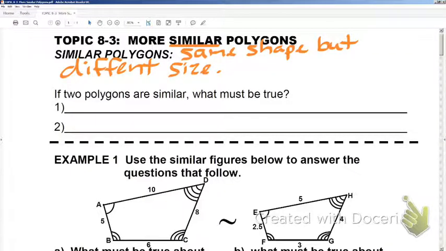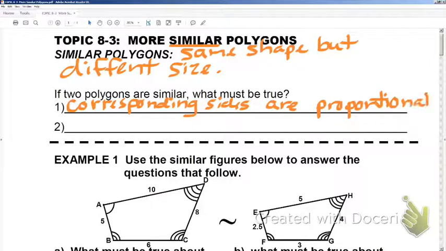So if two polygons are similar, what must be true? The corresponding sides are proportional, and the corresponding angles, since they're the same shape, the angles are congruent.